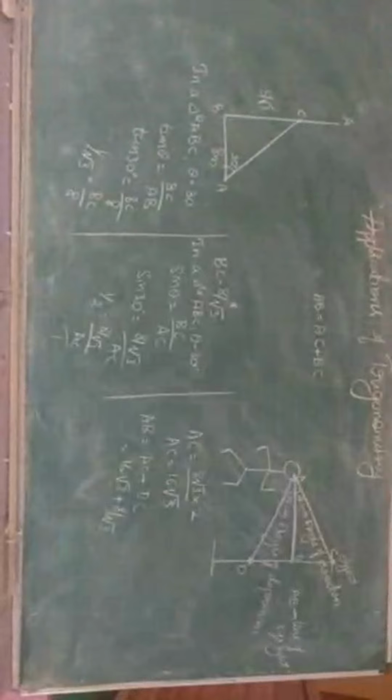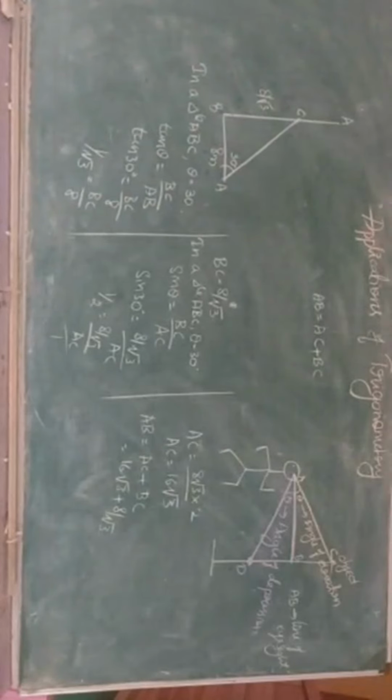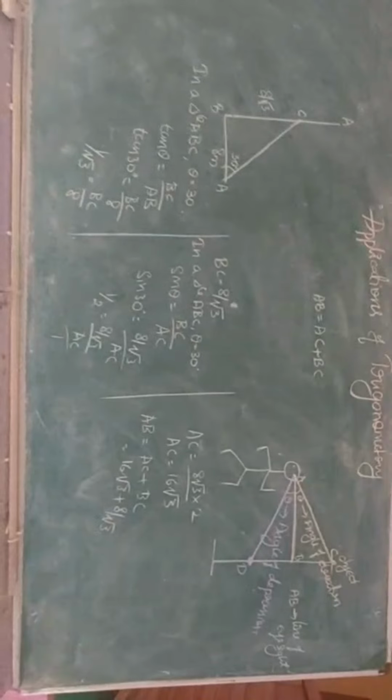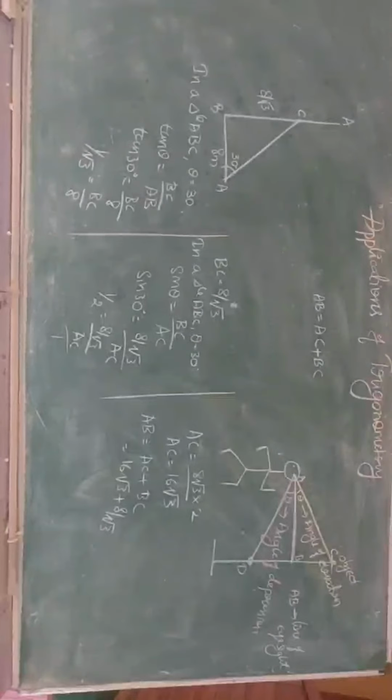Simplify that one, take LCM. LCM is root 3. I think 18 root 3 will do. Second answer.